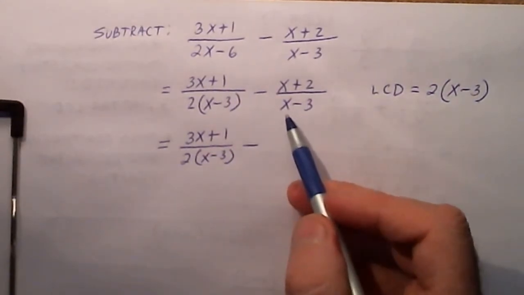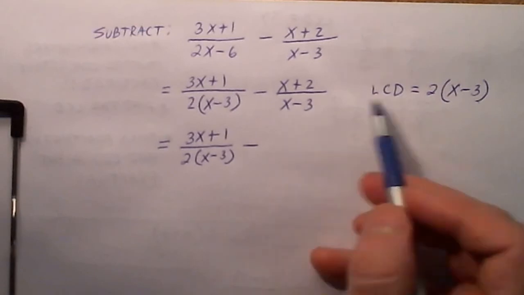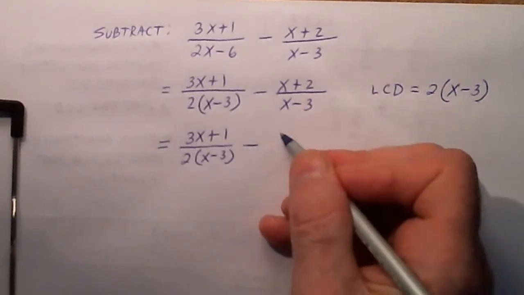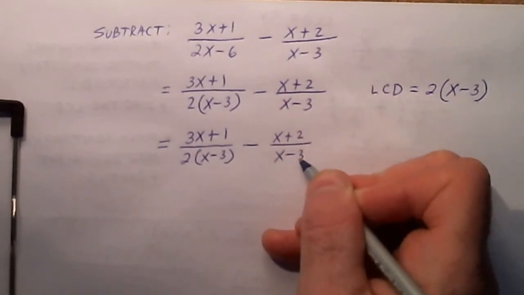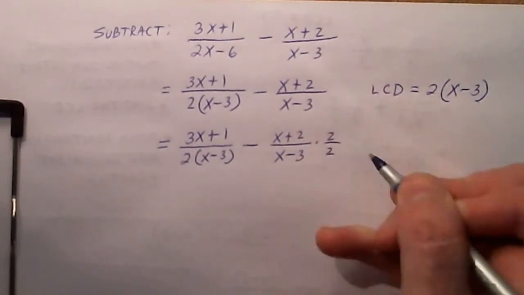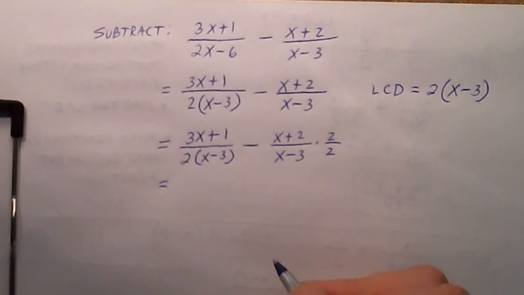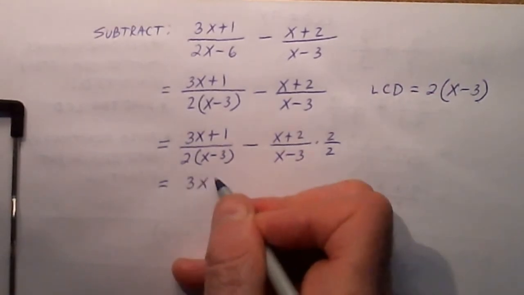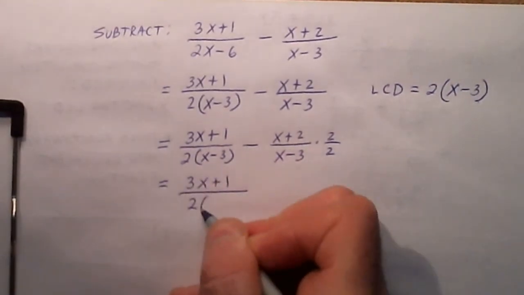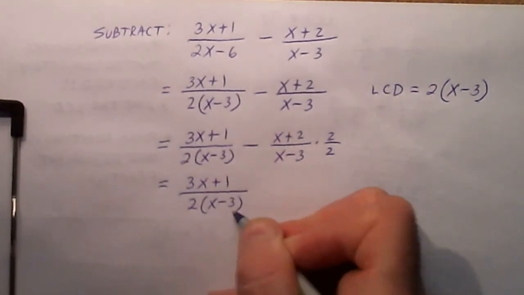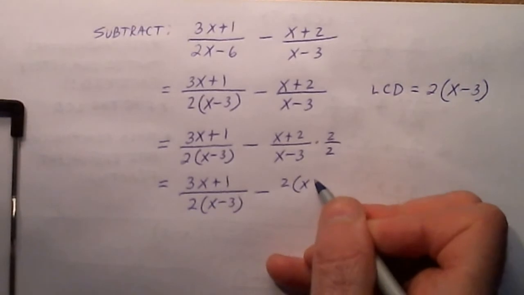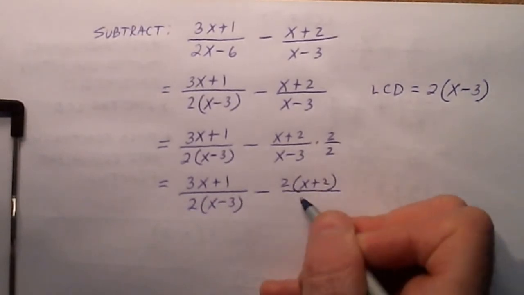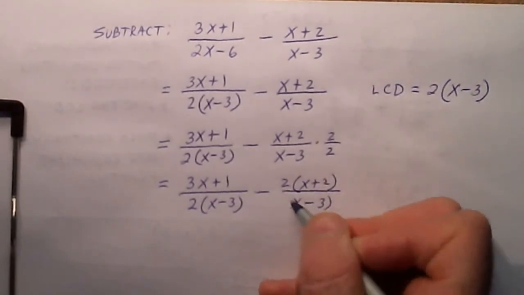The second rational expression's denominator has the x minus 3, but it's missing a factor of 2. Being the case, top and bottom of the second rational expression is going to have to get multiplied by 2. Hence, we have 3x plus 1, and that sits over 2 times quantity x minus 3, minus 2 times quantity x plus 2, which sits over x minus 3.